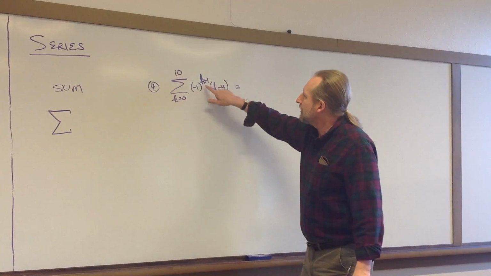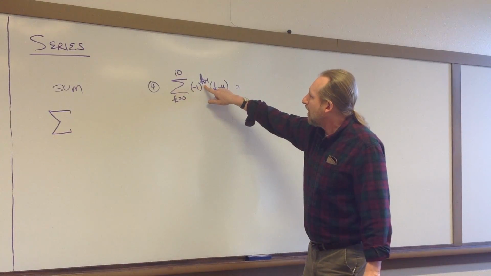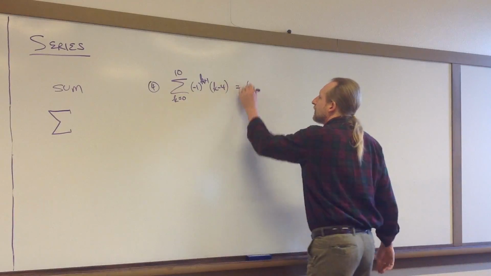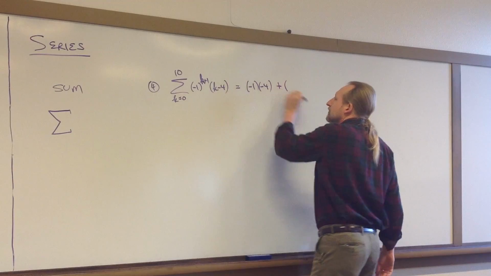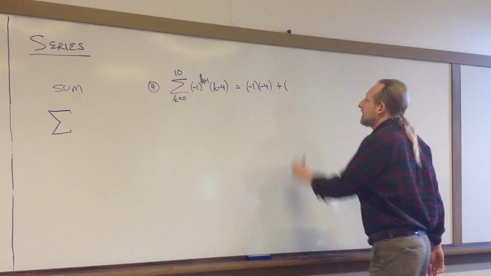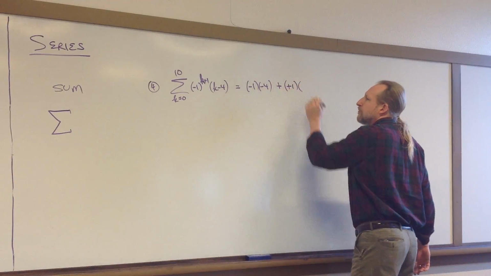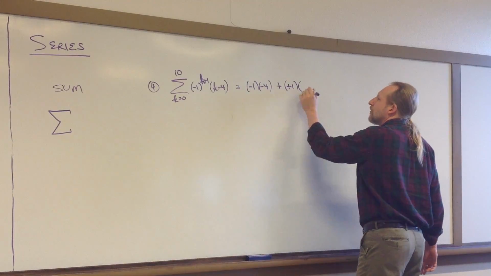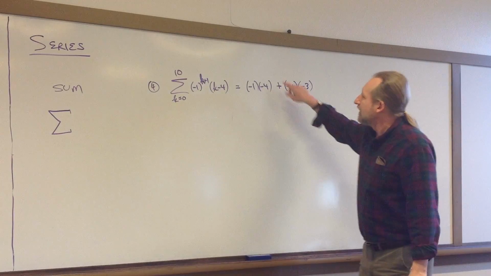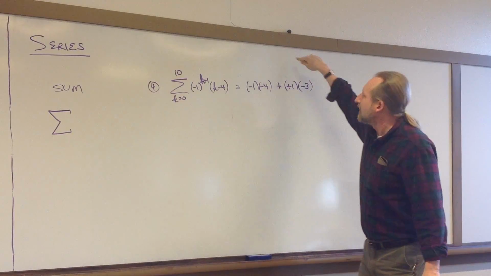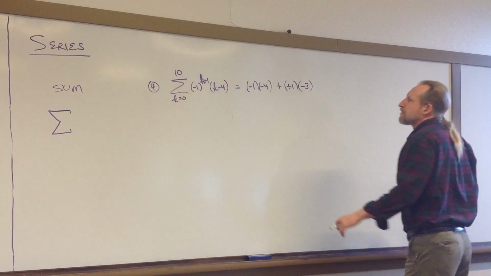So if we plug the 0 in here, that's going to give us negative 1 to the first. Plug the 0 in here, negative 4. So that's our first term. Second term, we'll have a positive 1. 1 minus 4 is negative 3. Well, I called it the second one, but if this is the 0th term, then this is the first term, and so on.